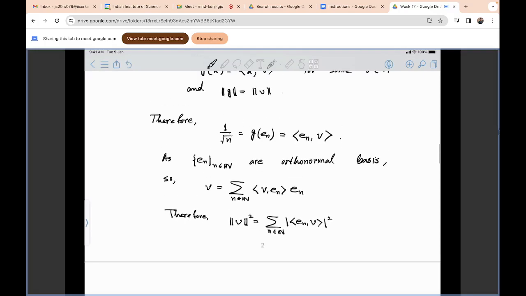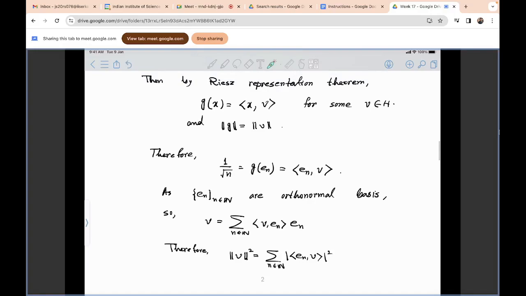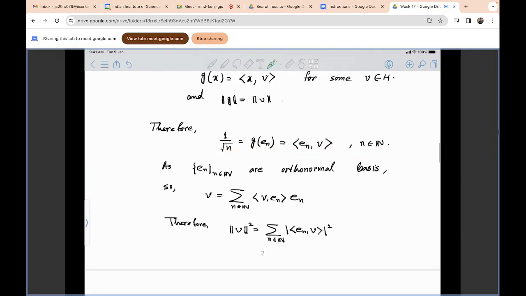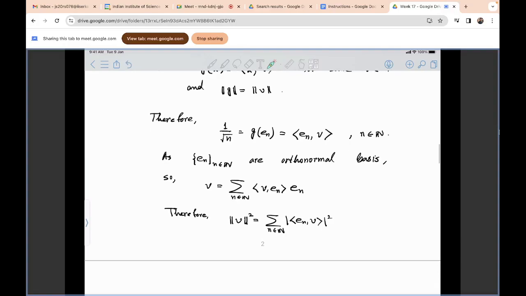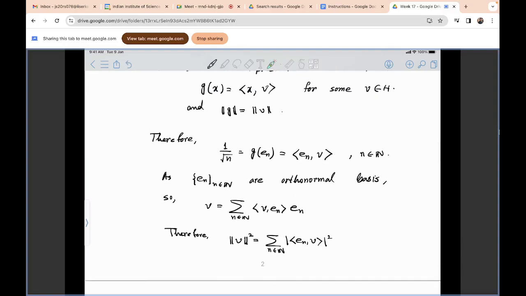Now look at what this is. We also have that En inner product v is given by this for all n belongs to N, if such a G exists. So let me call it 1 and let me call it 2.